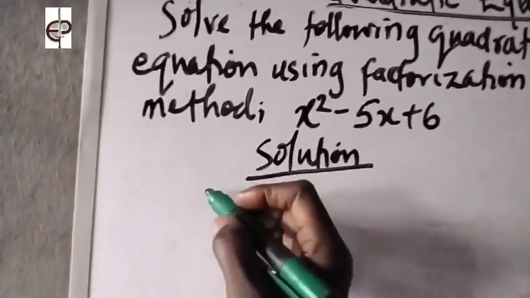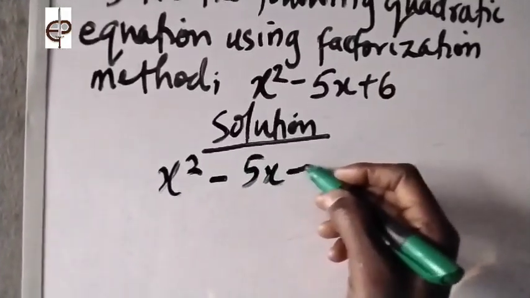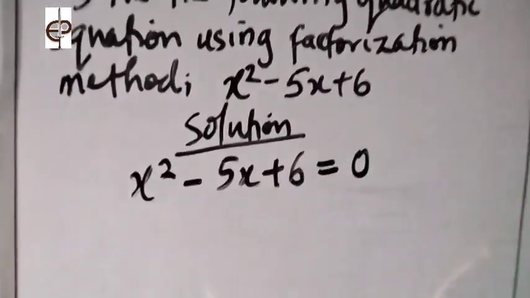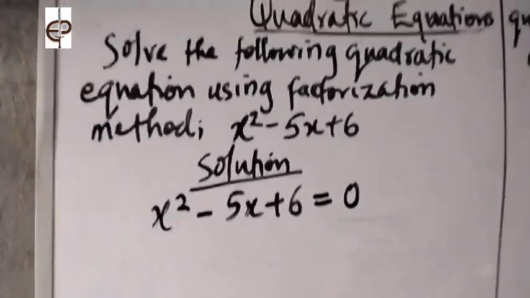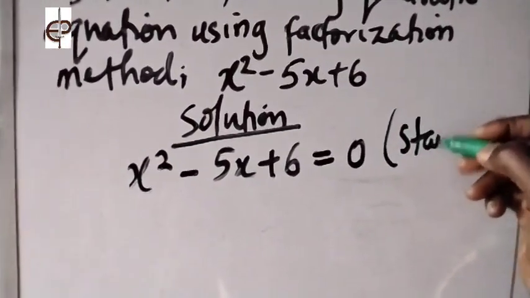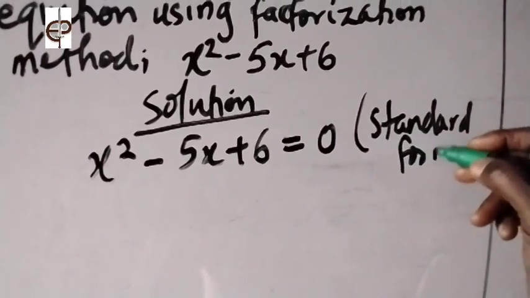So let's go. We have x squared minus 5x plus 6 is equal to 0. So that we put it directly in the standard form. This is the standard form.